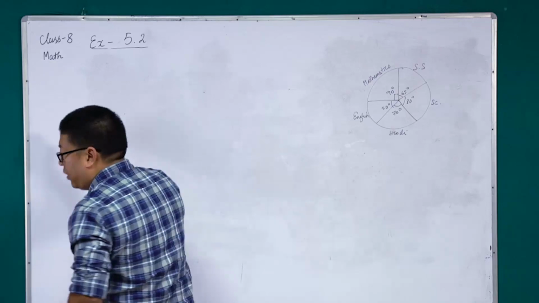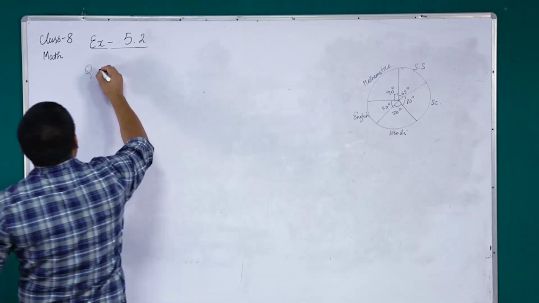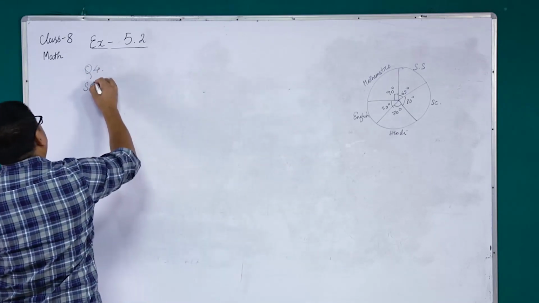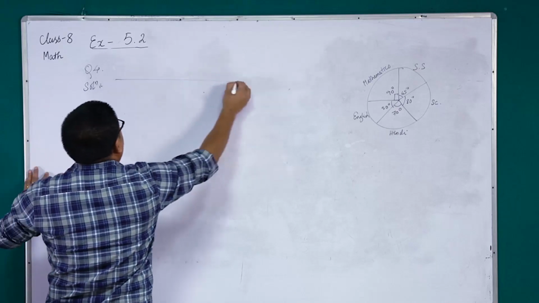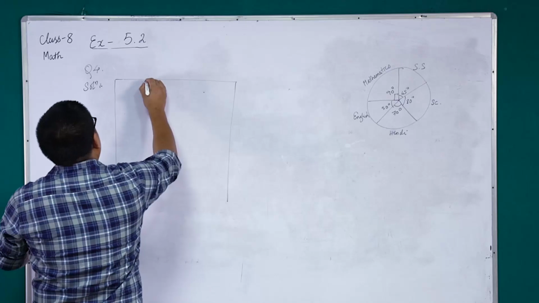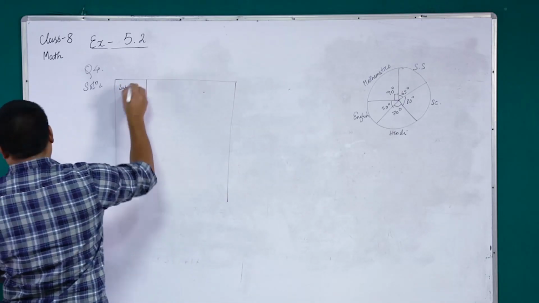So we are going to draw a table for this. It's question number 4. So basing on this, we're going to draw a table first. Now the first will be for subject.